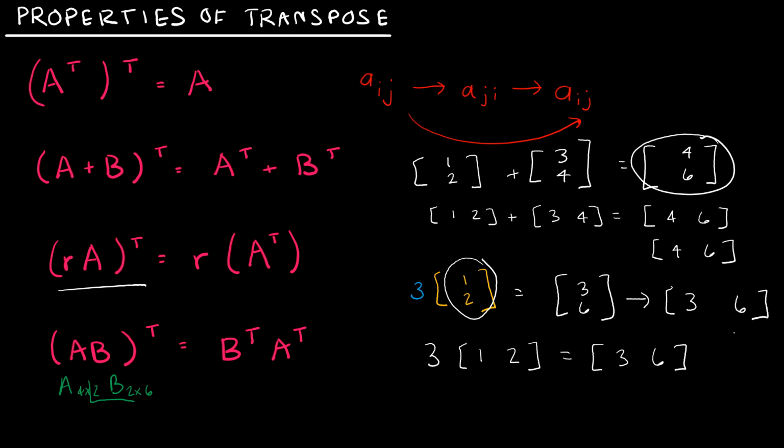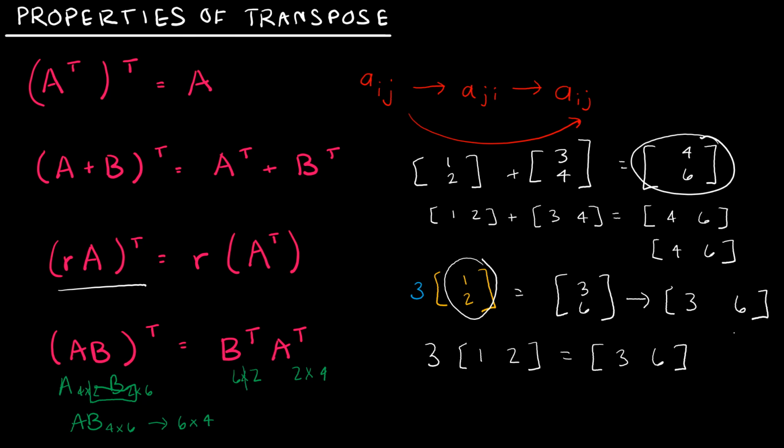Well, these two can be multiplied because my 2's match up, and my result, AB, is going to be a 4 by 6, which means the transpose of that would be 6 by 4. So then it makes sense that B, which was a 2 by 6, B transpose is going to be 6 by 2, and A transpose, because A is 4 by 2, is 2 by 4.